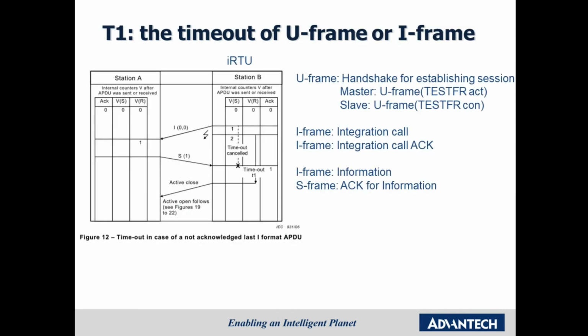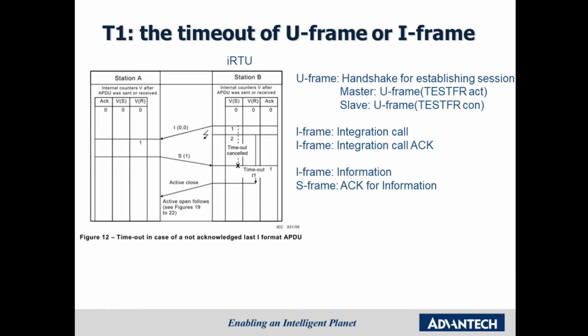And we use this image to demonstrate in more detail. T1 is the timeout of the U frame or I frame. As we said in our previous slides, T1 means the time to wait for ACK to a transmitted APDU. If this time expires, the master assumes data has been lost and attempts to retransmit.